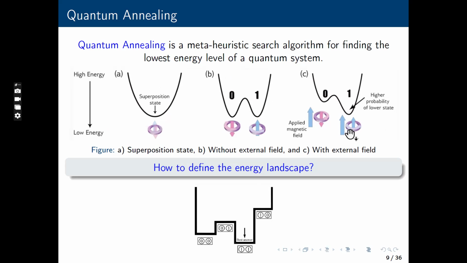We can apply some external magnetic force, and basically we can tune these probabilities in such a way that it reflects the criteria or the search space of our optimization problem. Okay. And then what we can expect is that the optimal solution or the best possible answer will lie at the very bottom, and the quantum annealer will be able to scan the search space and settle down at the lowest energy level of the search space or of the quantum system, which is our desired solution.